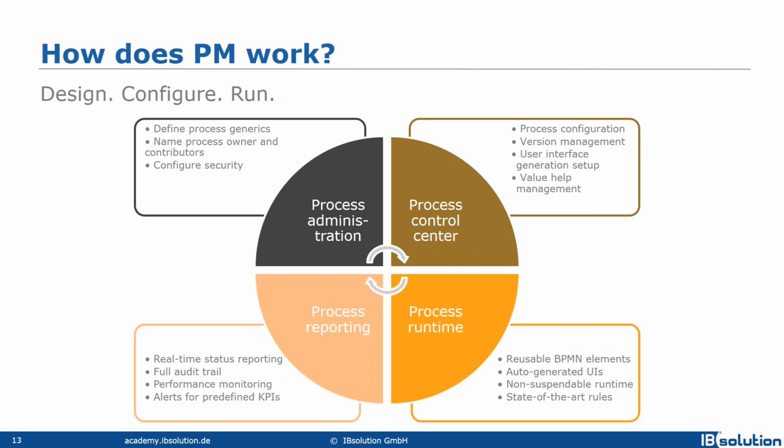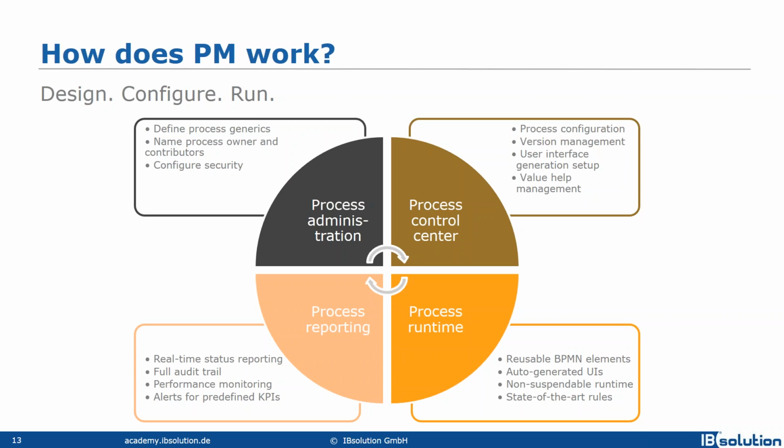What you can do with the configuration, and we're going to see also a little bit in the demo, but shortly right now we can focus on two main areas which are part of the persistence manager. One of them is called the process administration, and this is where you define your process generics, like the name of the process, the description, the owner of the process, who are the contributors in the process, what kind of security you're going to use in the process, and so forth.